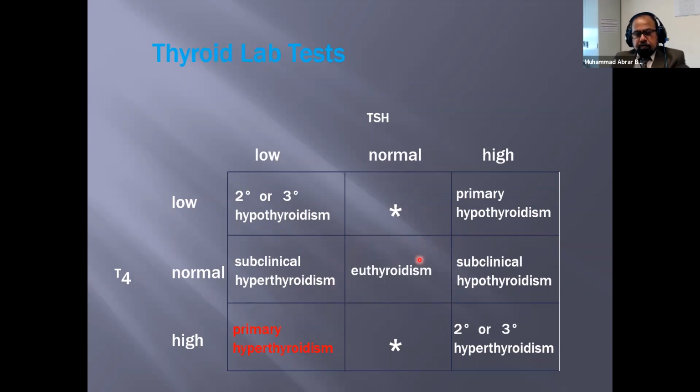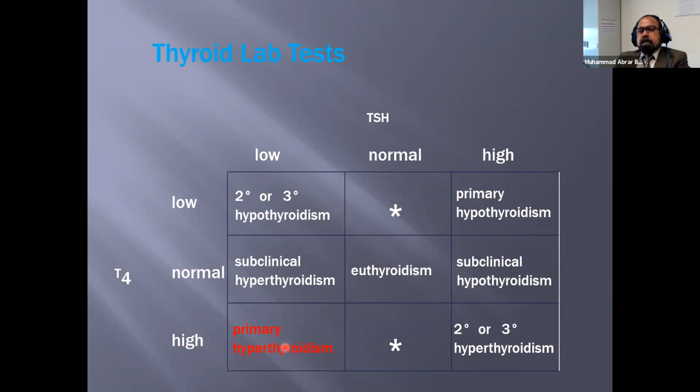It's working very fine. Now, if TSH is low but T4 is high, it is called primary hyperthyroidism. TSH low means the pituitary is not signaling the thyroid gland to secrete T4, but the thyroid gland itself is secreting more and more thyroxine. This is called primary hyperthyroidism, right?